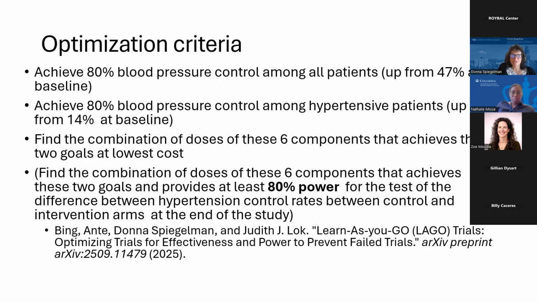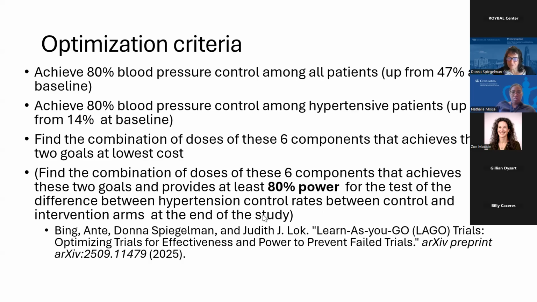And often very big achievements need to happen. And so we're trying to find the combination of doses of these 6 components that achieve these 2 goals at the lowest cost. And then we also might want to do that and provide at least 80% power for the test of the difference between hypertension control rates between control and intervention arms at the end of the study.